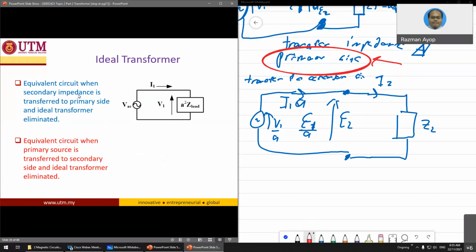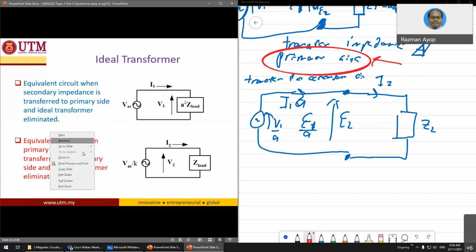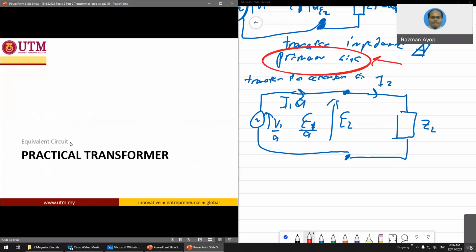So this one is transferred to the primary side, the second one is transferred to the secondary side. Make sure you have the skill to do both.